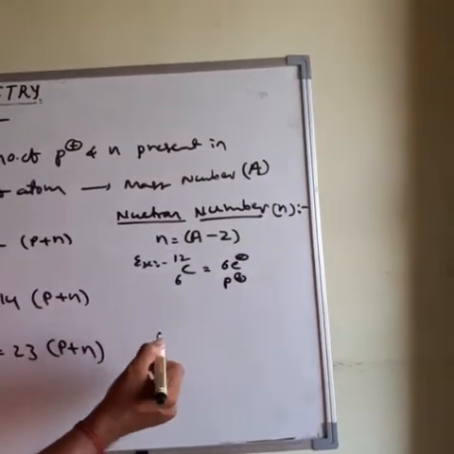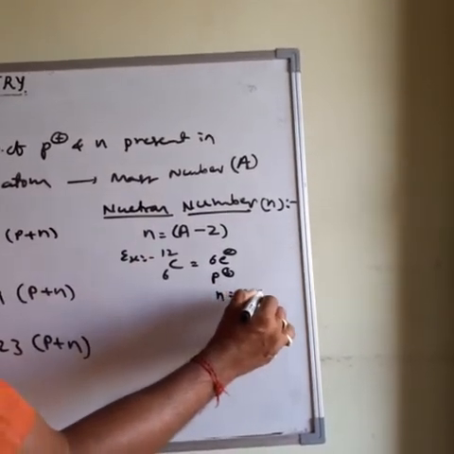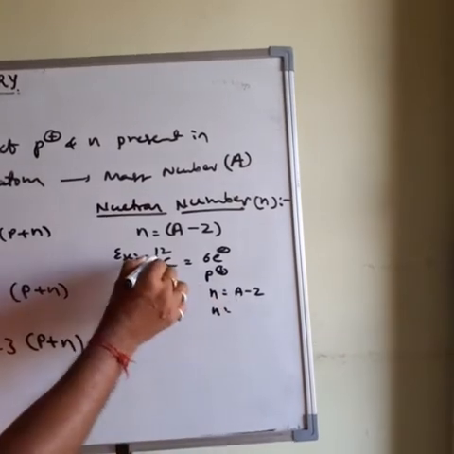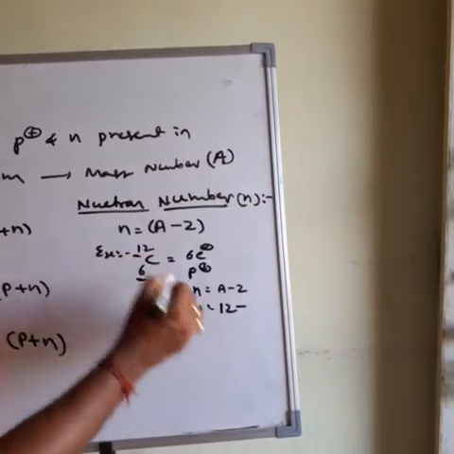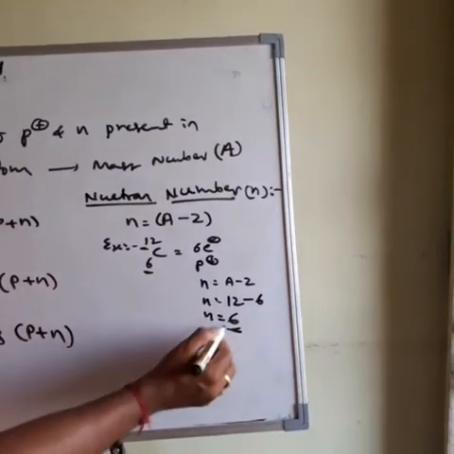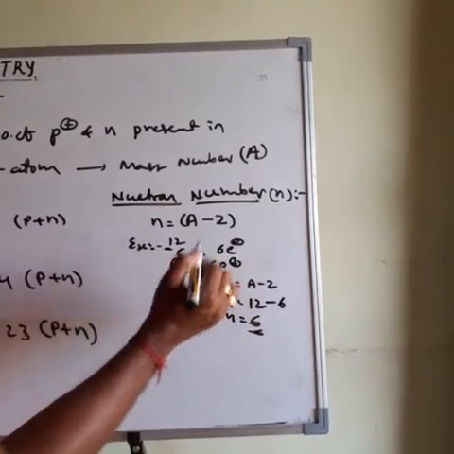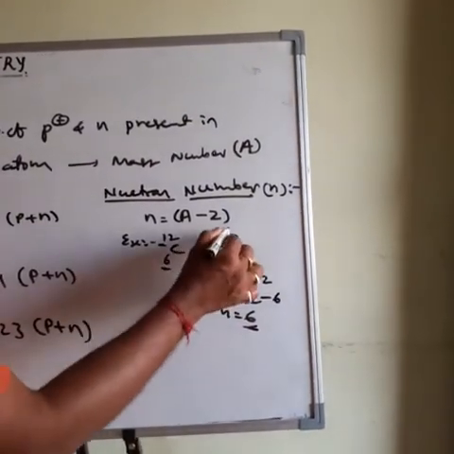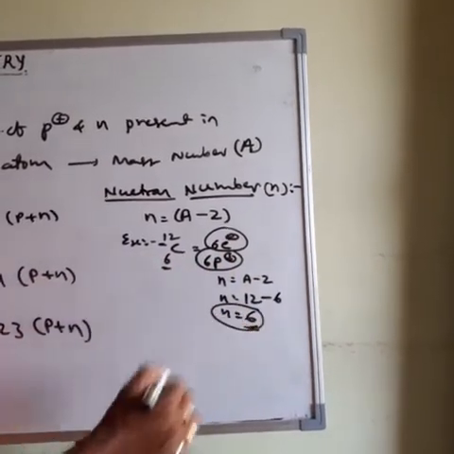Then what about the neutrons? The neutron number is equal to A minus Z, that is 12 minus 6, so the number of neutrons is also 6. So it contains 6 electrons, 6 protons, 6 neutrons.